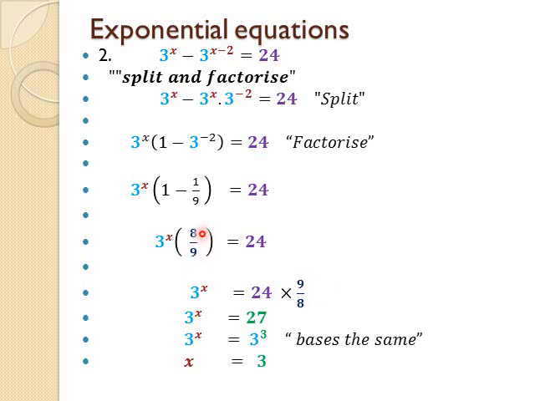So I simply flipped: 9 went to the top, 8 to the bottom. So 8 goes into 24 three times, and 3 times 9 gives me 27. Right? So from there, make the bases the same. So 27 can be expressed as 3 to the power 3. Now because the bases are the same, I can drop them, and I'm left with x equal to 3.